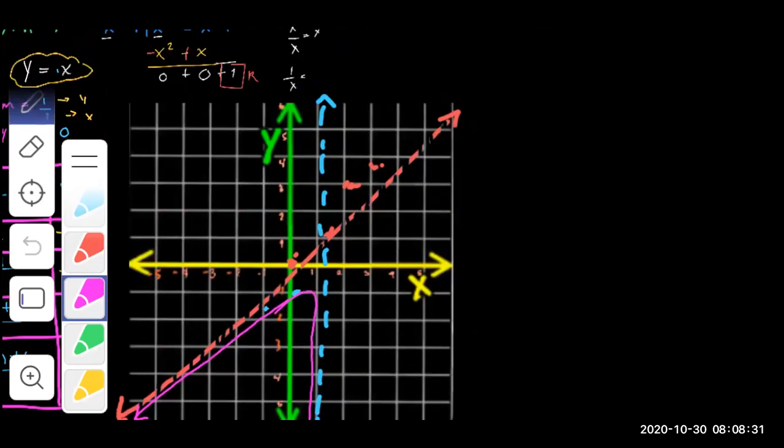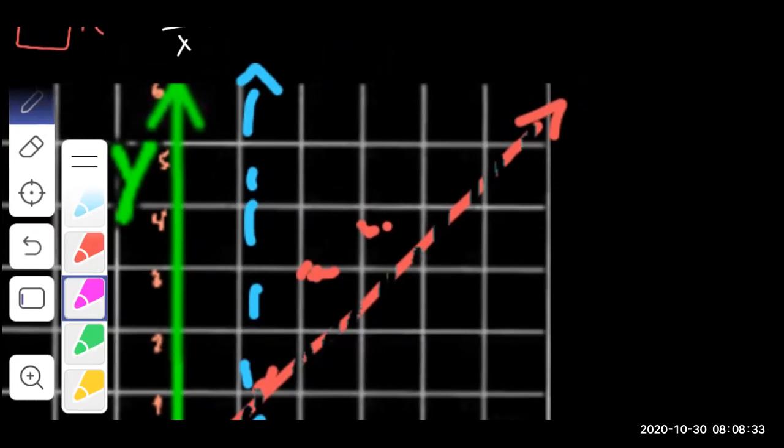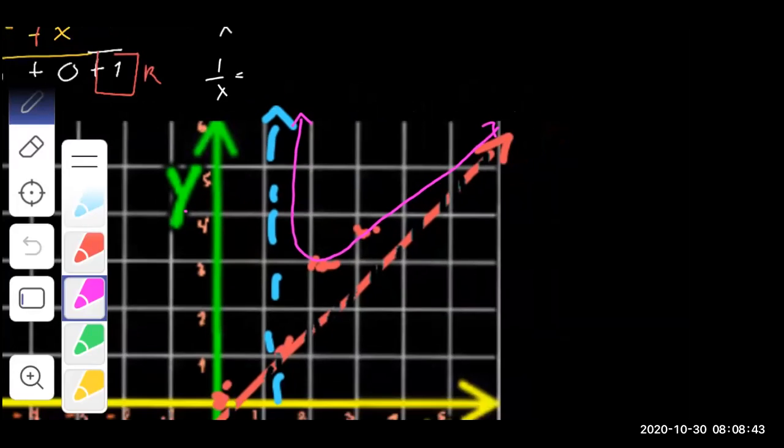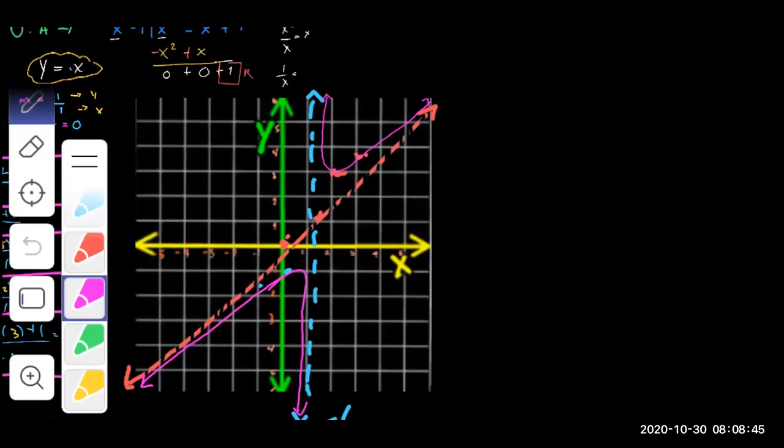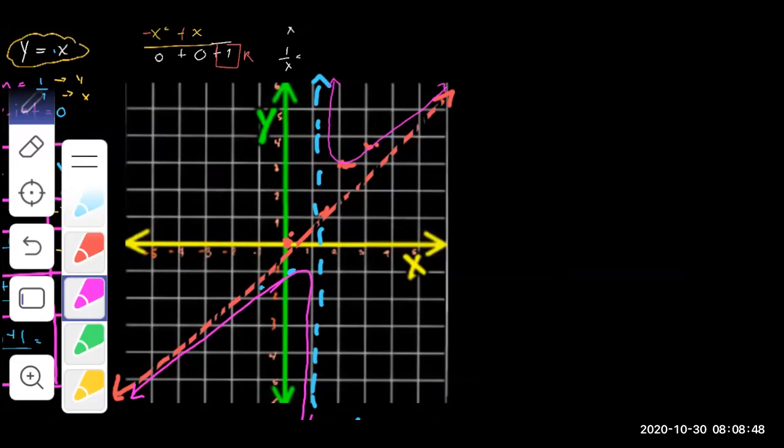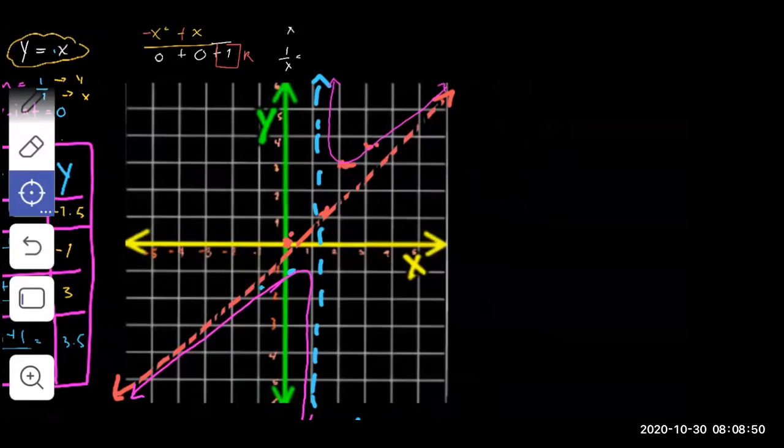Let's go to this upper part and we're going to do the same. This graph is going to be getting closer to each of the vertical and oblique asymptotes. Okay, and this is my graph.